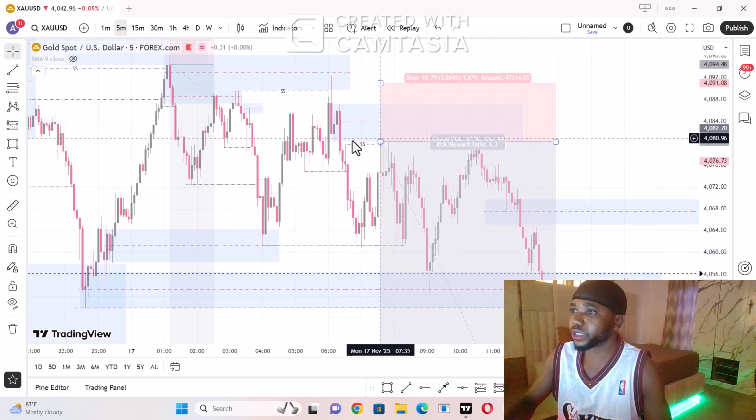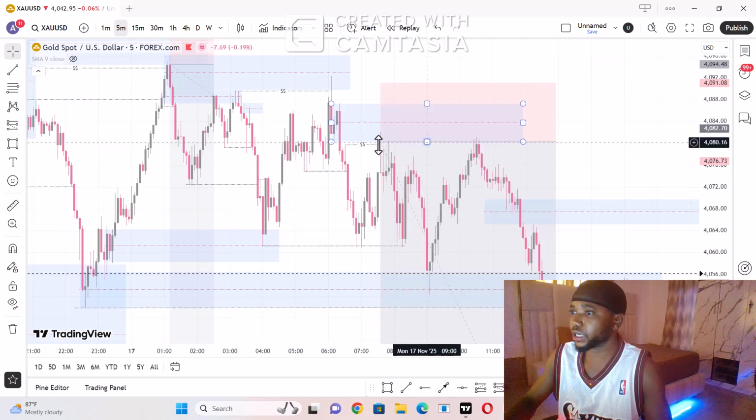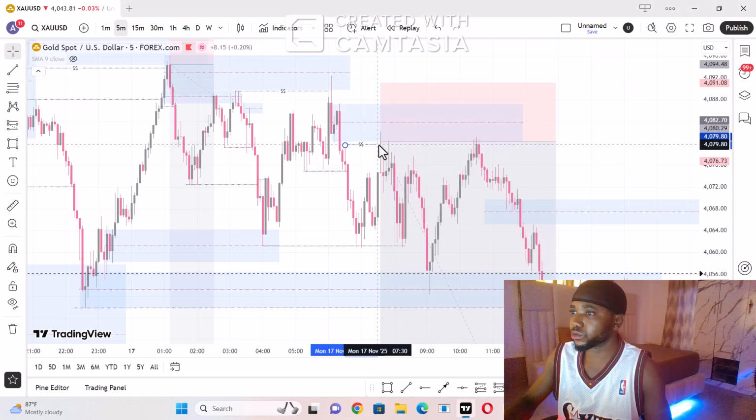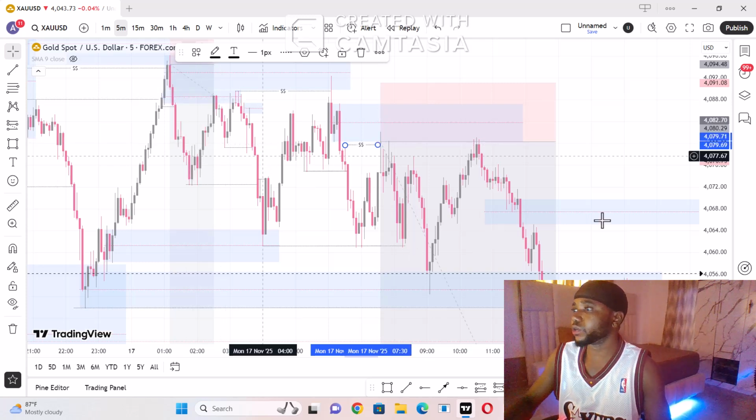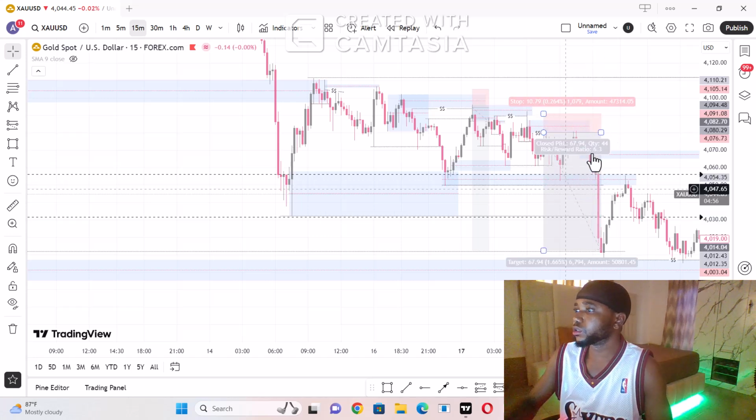Then I placed my order because there's a fair value gap as well, which the market refused to mitigate after this order flow, and I placed my order and the market did this again. That's how we took our third trade after we closed these two trades right here, and we targeted the same area, as you can see.